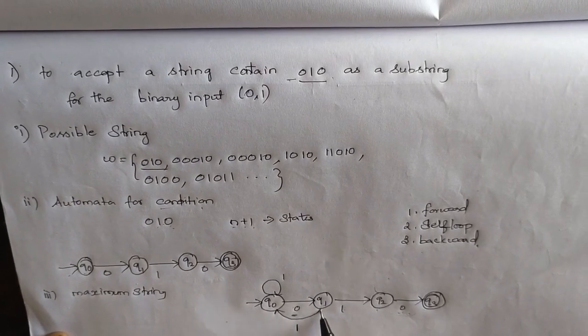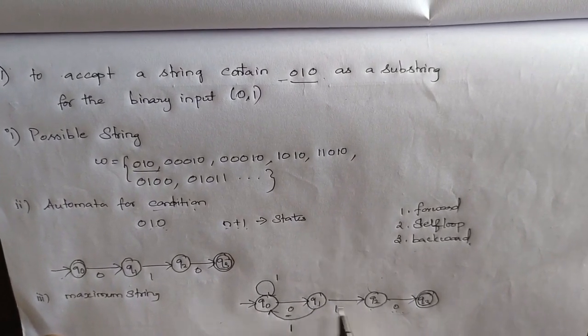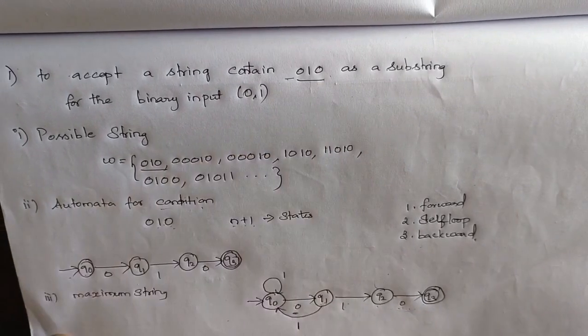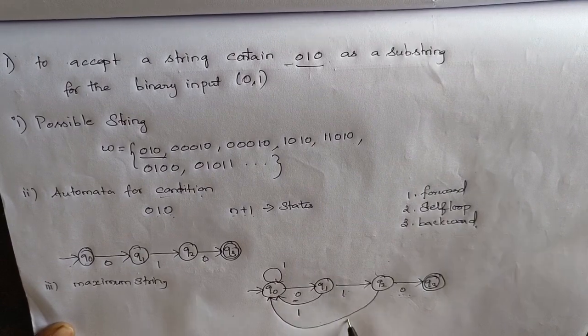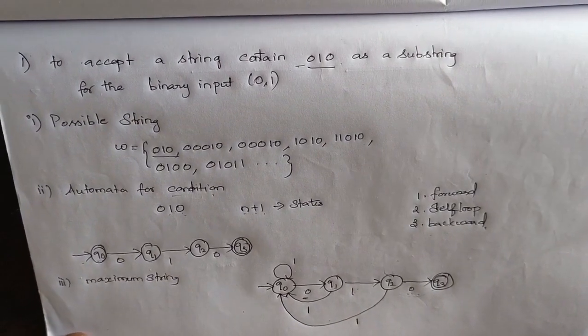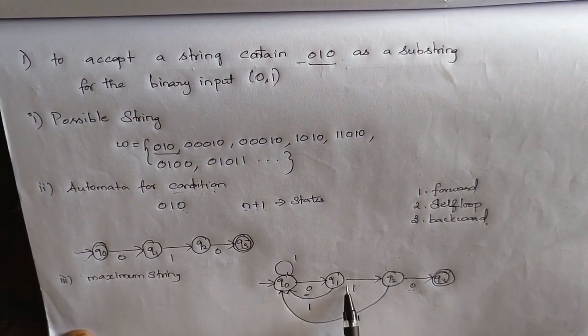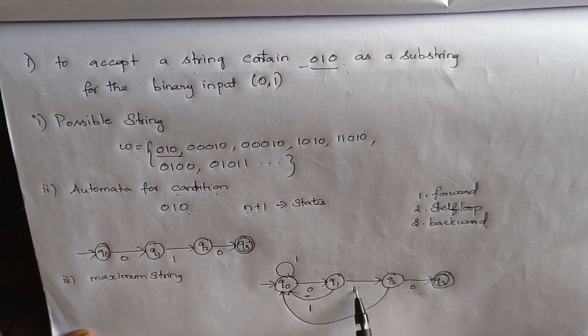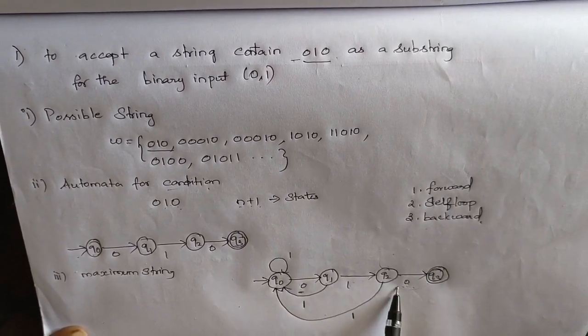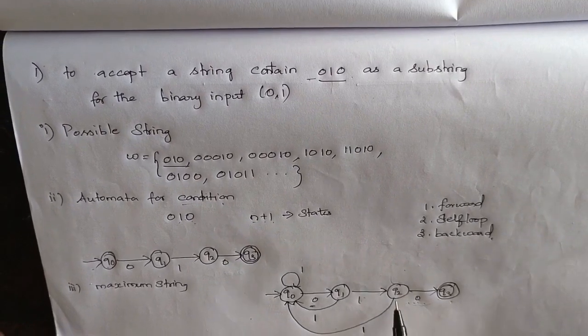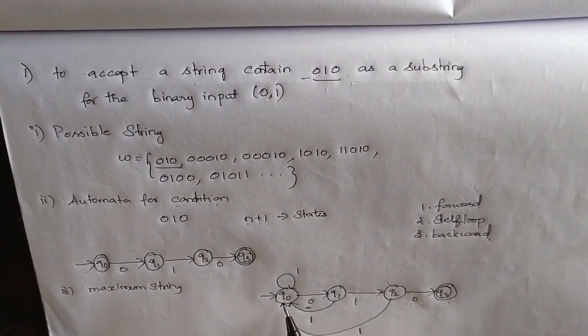If we give it to Q1, we get 0, 1, 1, 1, 0, so the 0, 1, 0 substring fails. If we give 1 as the transition to Q0, we get 0, 1, 1, 0, 1, 0. Anywhere, we have to see the substring 0, 1, 0 when we reach the final state. So for Q2, 1 is transferred to Q0.